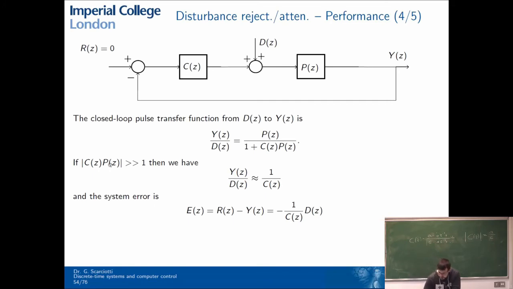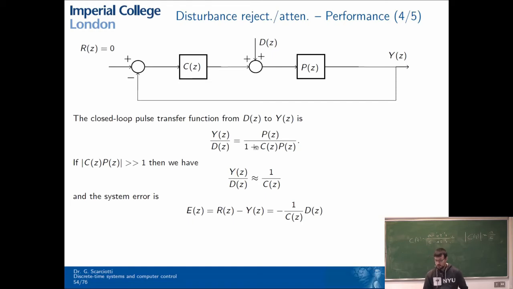So let's assume that the gain of C times P is much greater than 1. The gain, if we compute it for this whole transfer function, is telling us how much the disturbance is multiplied in the output. If the gain of this transfer function is 10, it means that the output is 10 times the disturbance.